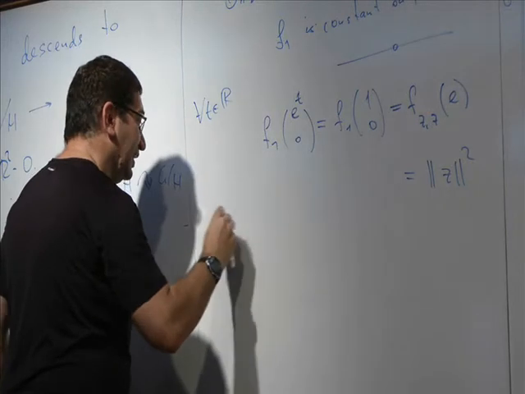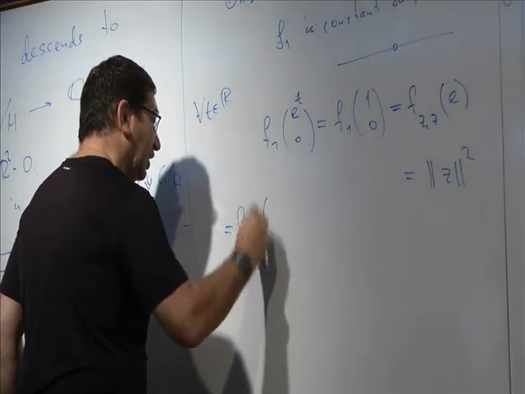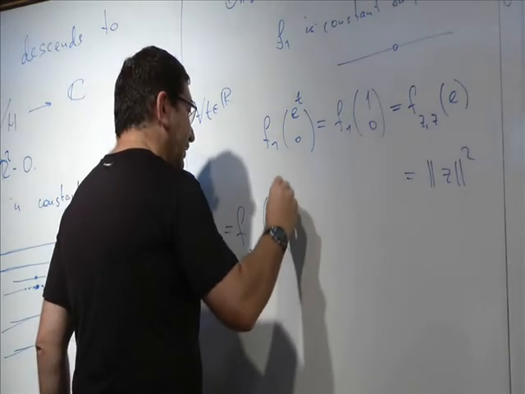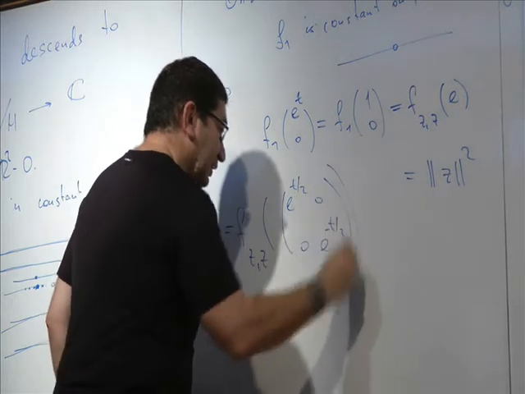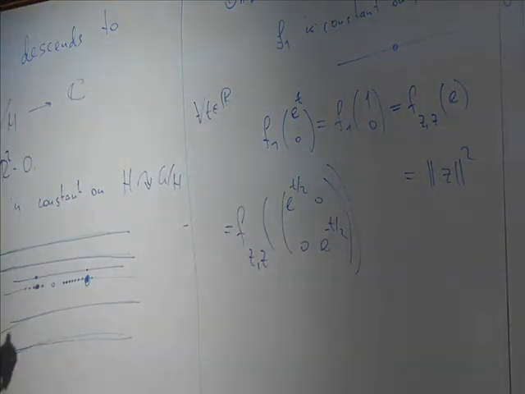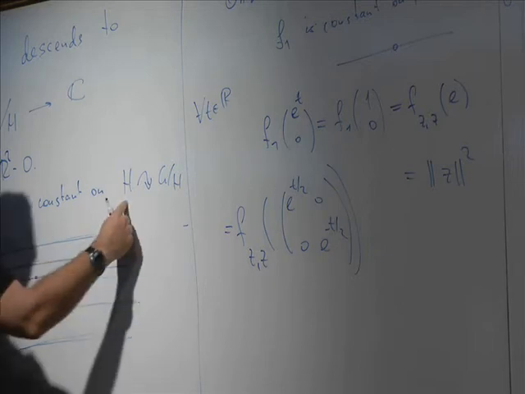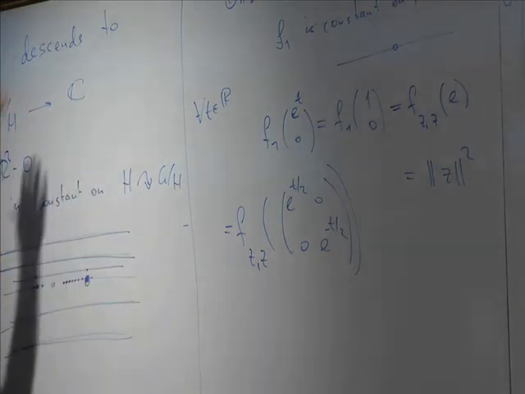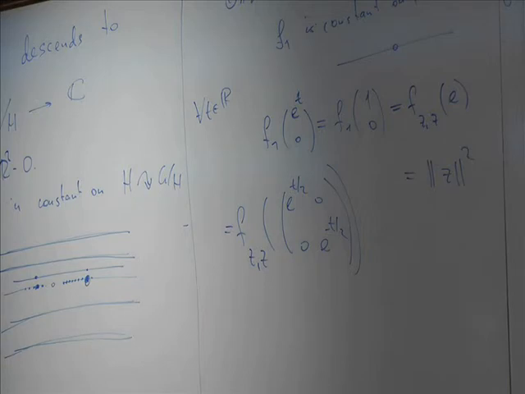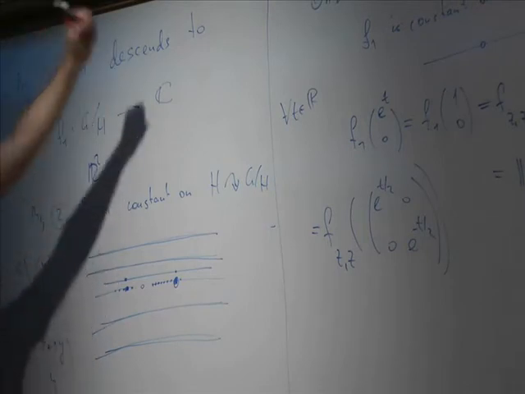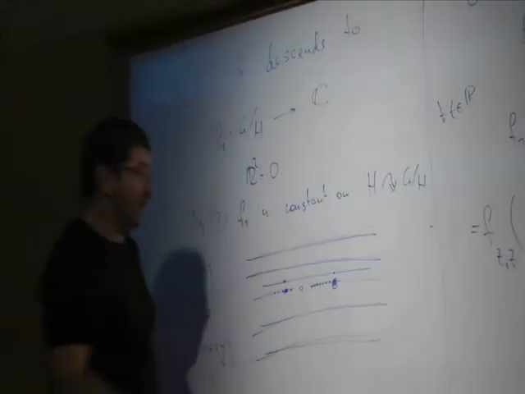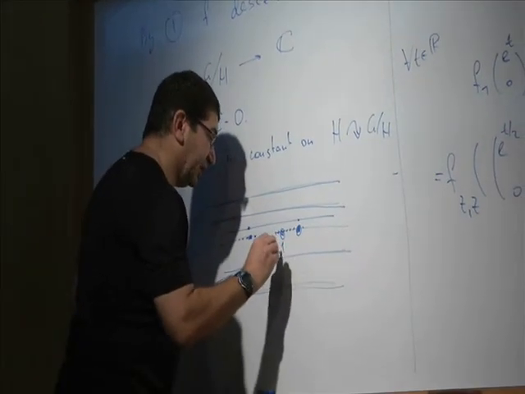Now, what is written here is fzz of the element e to the t over 2, e to the minus t over 2. Because this element, what it does, so we consider the action of H, the upper, these matrices on G mod H. If you look at the action of A, the diagonal subgroup on G mod H, or on R2, it's the action by homotheties. And in particular, here is the point 1, 0.